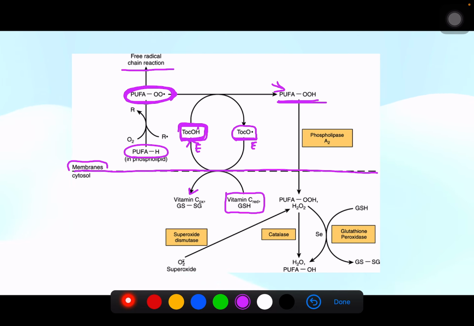Now again this vitamin C is replenished by converting the oxidized glutathione to the reduced glutathione.